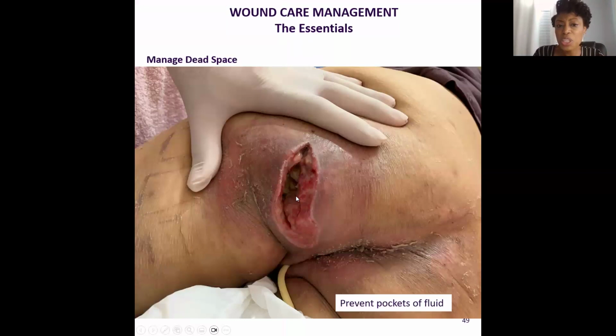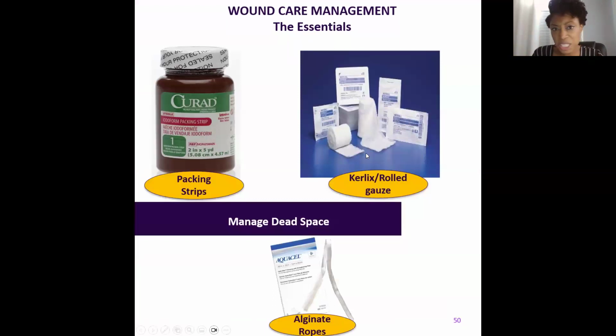Okay, so next we talk about managing dead space. In wound healing, we know that we have to manage dead space because if we allow fluid to collect in dead space, this can cause an abscess with time. There are several ways in which we do that, and that includes something called wound packing. I think everyone is familiar with orders for packing a wound. So you might see packing strips or Kerlix, rolled gauze used for that purpose.